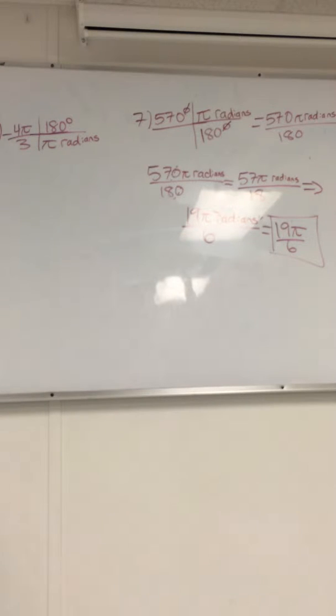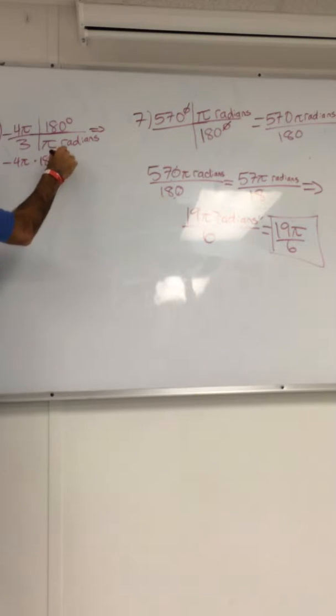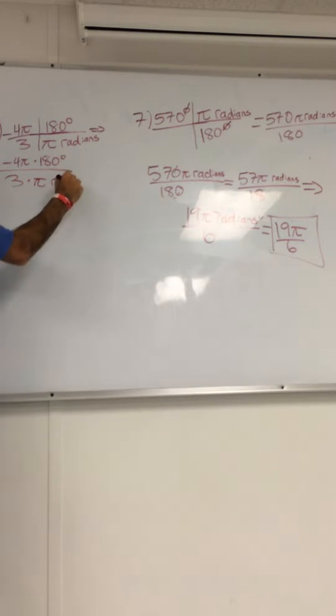Pi radians is the same as 180 degrees. And I'm going to say, okay, well, this is really, if I multiply it, negative 4 pi times 180 degrees divided by 3 times pi radians.